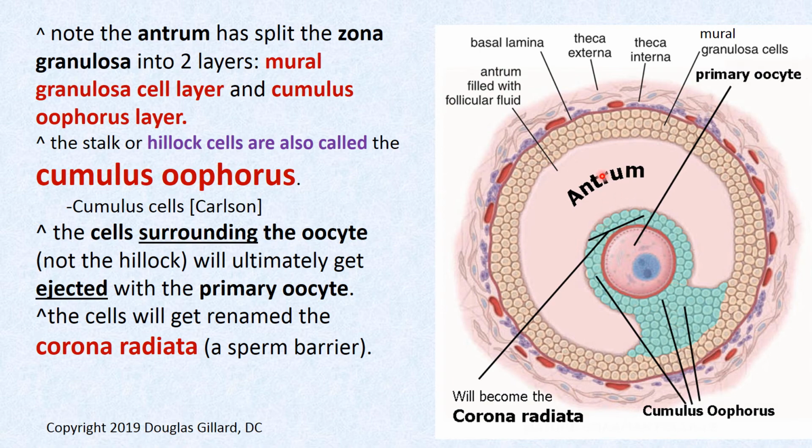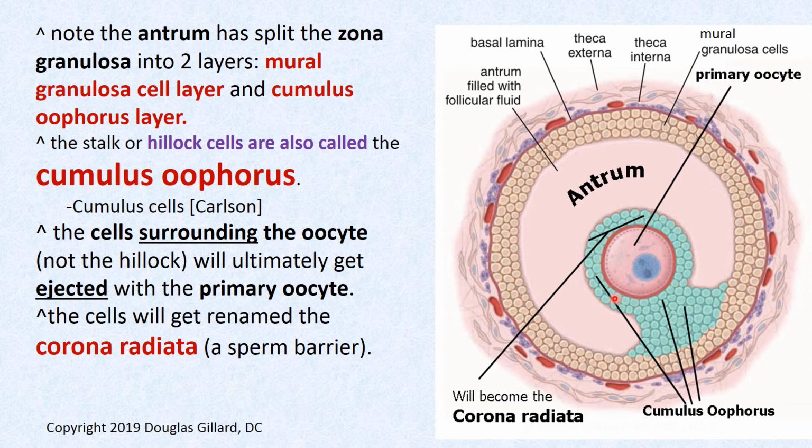So the antrum has split our granulosa cells into 2 layers, and therefore they get 2 names. So these ones on the outside, right here, all of these, those are called mural granulosa cells. The ones that are, this is where the confusion in the authors comes in.